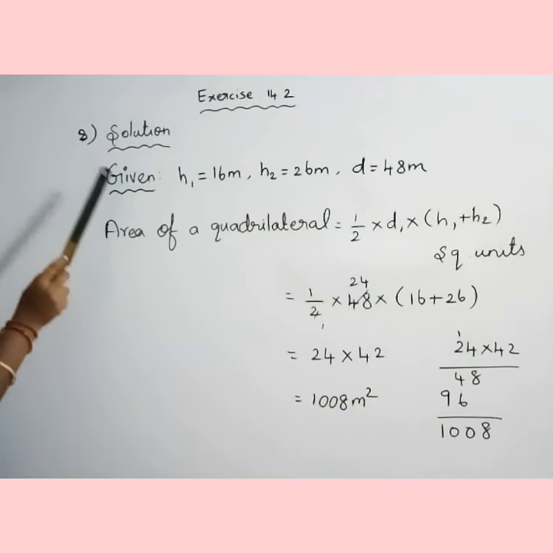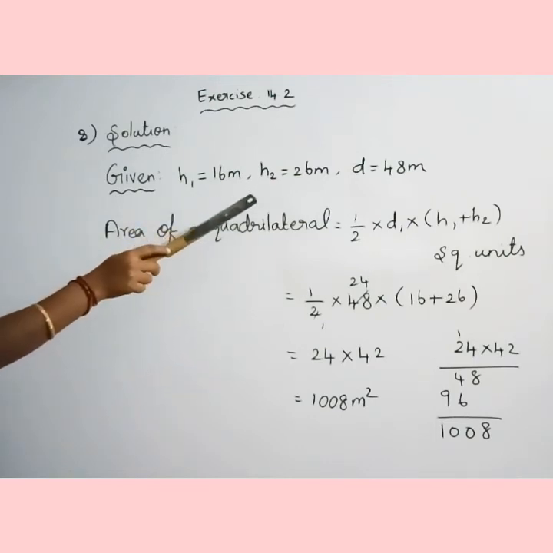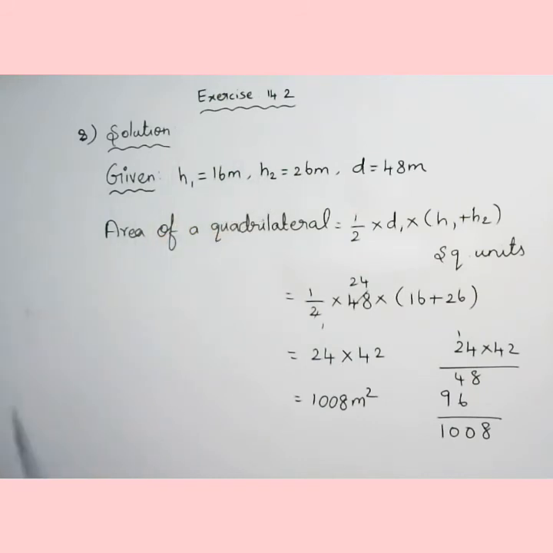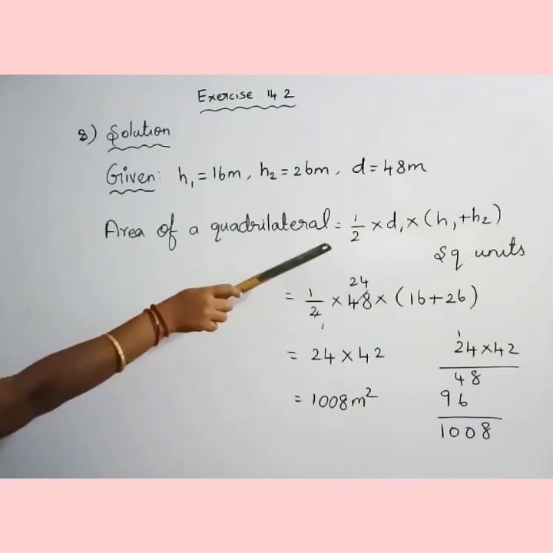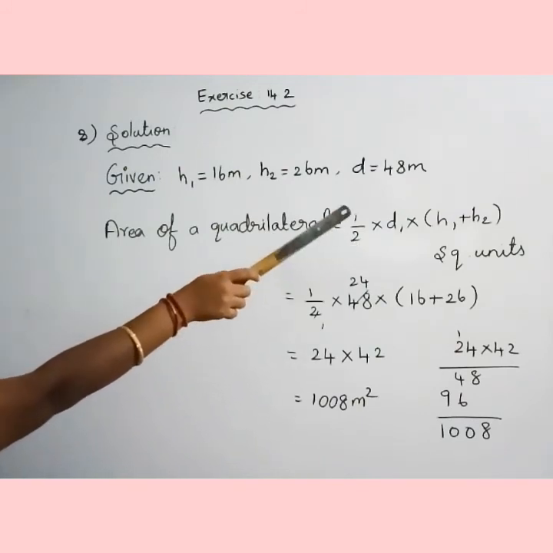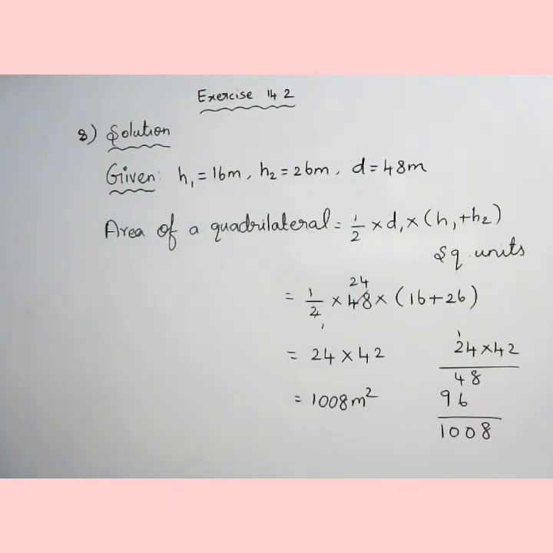The given values are height 1 equals 16 meter, height 2 equals 26 meter, diagonal value 48 meter. Area of a quadrilateral formula: half into diagonal into (height 1 plus height 2) square units.